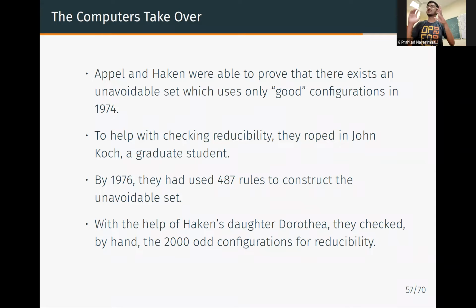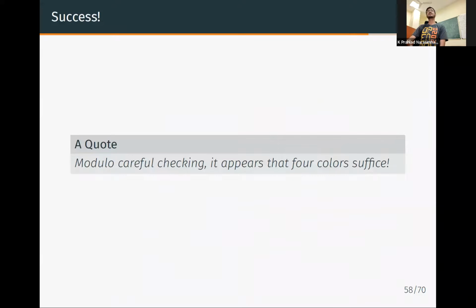It was a very involved case analysis, where they checked thousands of cases by hand, thousands more by computer. They used all the things that they had. Haken's daughter, I think her name is Dorothea, checked by hand 2000-odd configurations for reducibility.